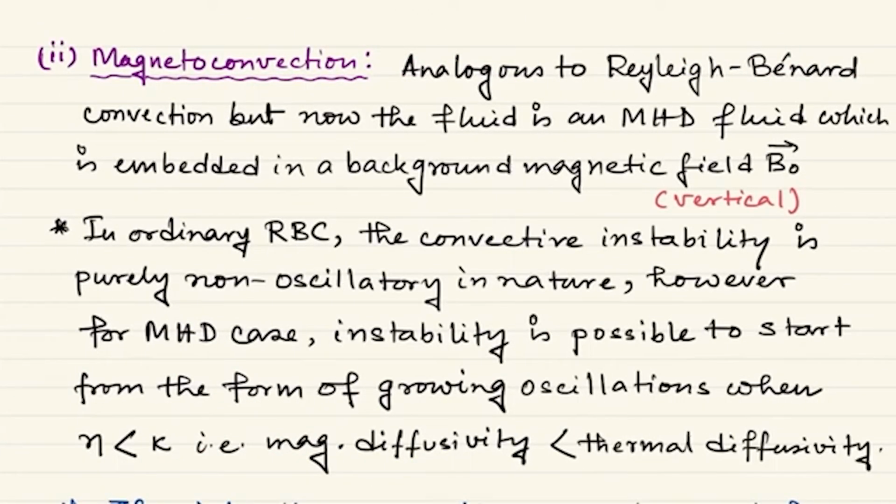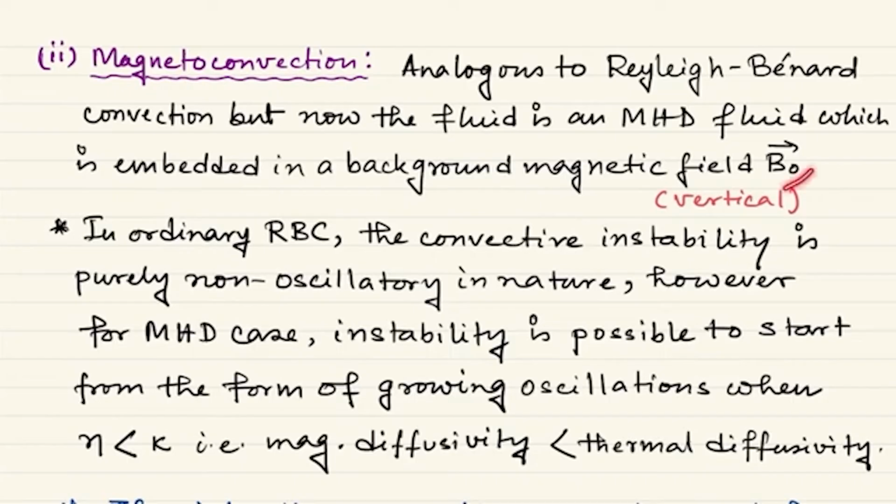Now coming to another point. This is a very interesting phenomenon called magnetoconvection. As we did for normal hydrodynamic fluid, Rayleigh-Bénard convection, this is nothing but a generalization of Rayleigh-Bénard convection for magnetic fluid, more specifically for an MHD fluid, which is embedded in a background magnetic field B0.